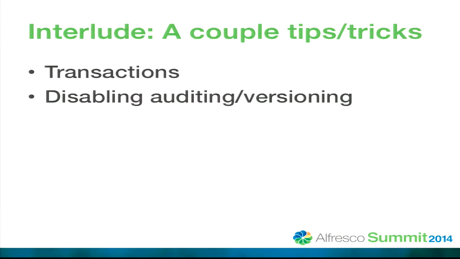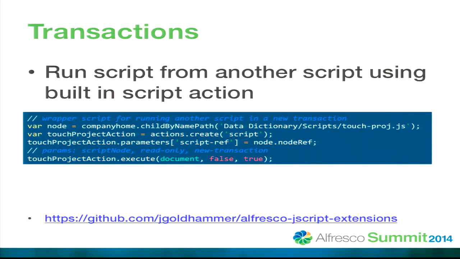So before we talk about batch processing, I wanted to talk about a couple of gotchas that you're going to run into, and some things that you might be able to do to work around those issues. The first thing is transactions. Your admin script is going to be run inside of a transaction, and everything that you do in your script is going to be in that one transaction.